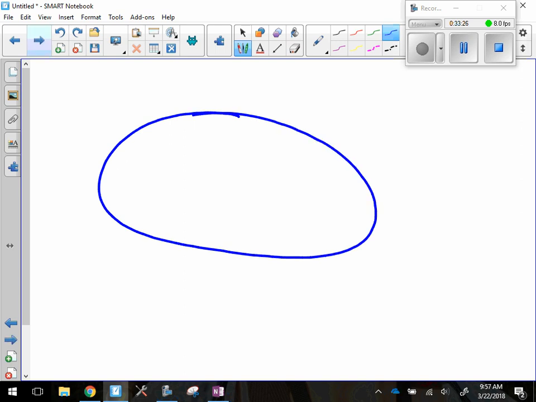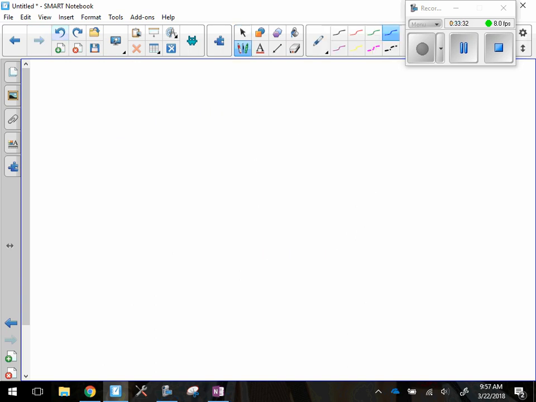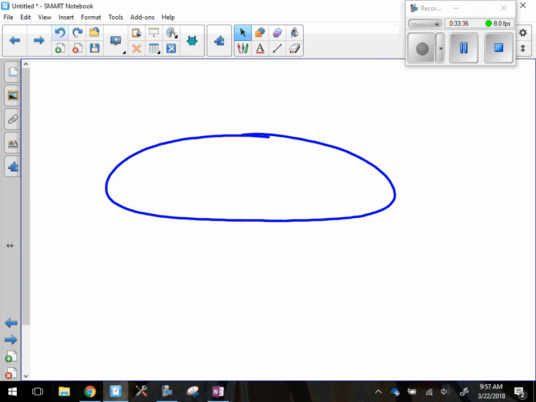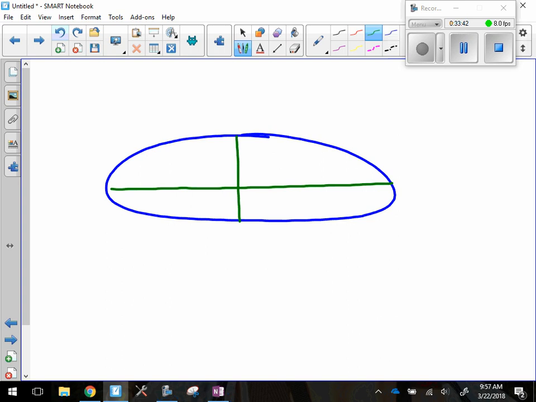So, here's my orbit-ish. Like that one. Should be an oval. It's actually an ellipse. Okay? So here's my semi-major axis. Here's my minor axis. Here's going to be the sun.